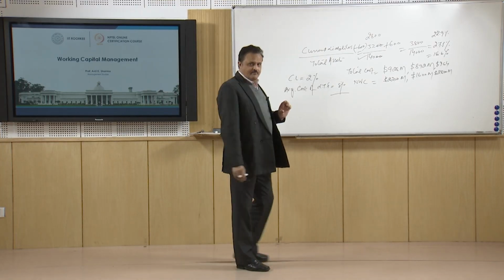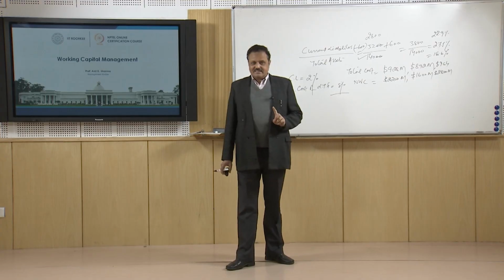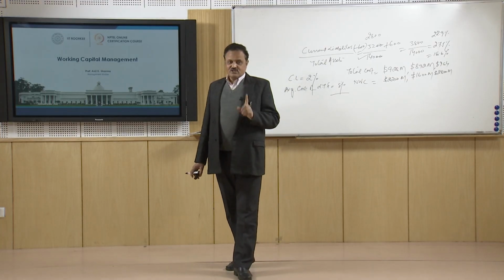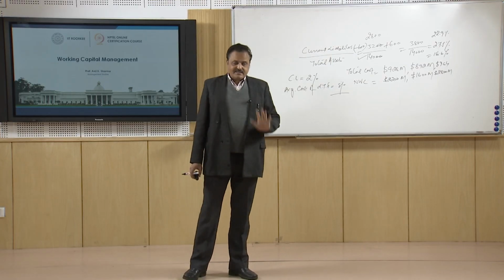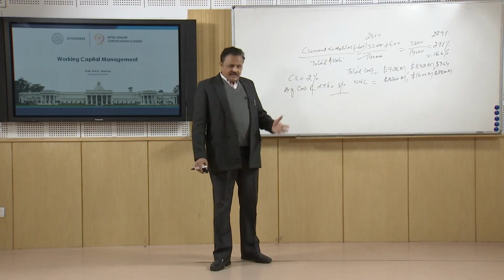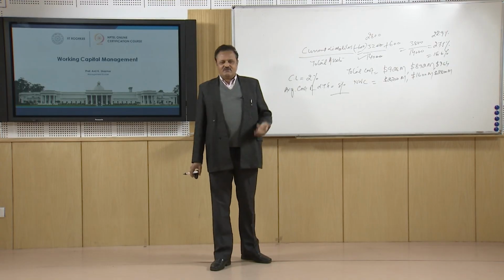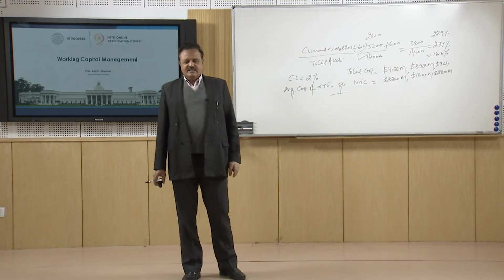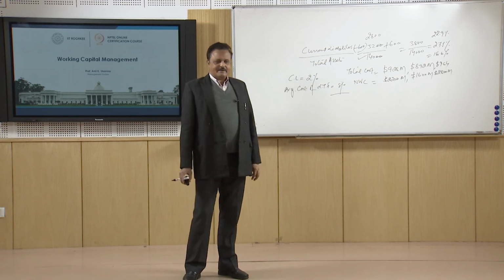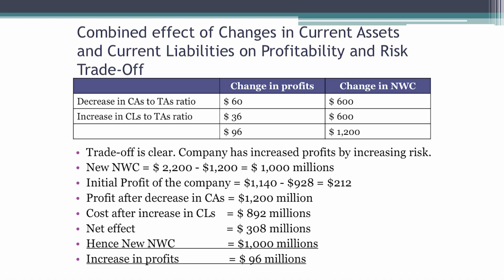So, in total the profitability of the firm has increased by $96 million: $60 million because of the decrease in the level of current assets, $36 million because of the increase in the funds coming from the current liabilities. So the total increase is $96 million, and in this case the new net working capital is $1,000 million.